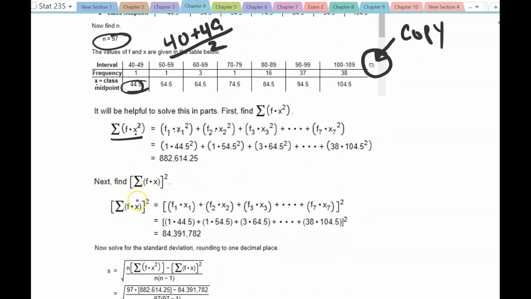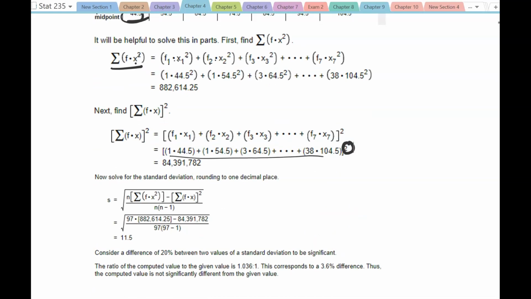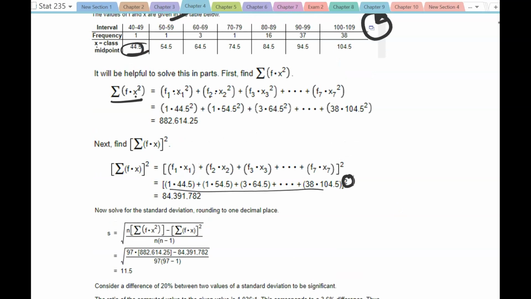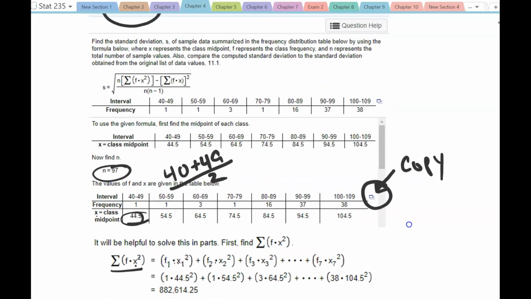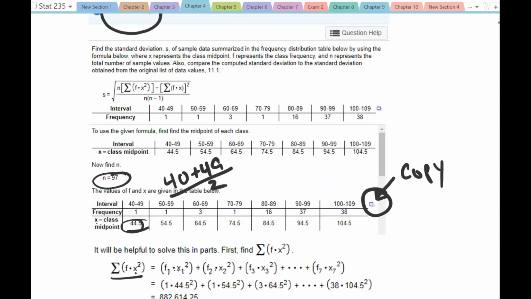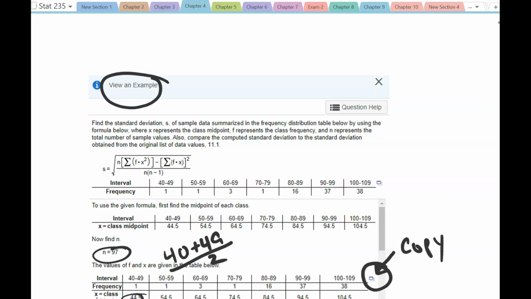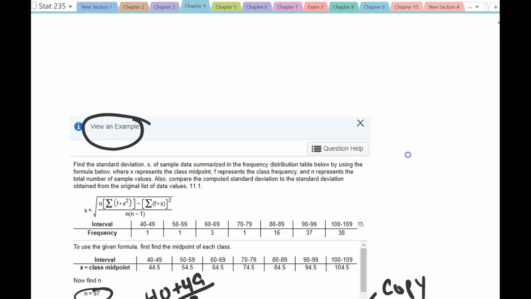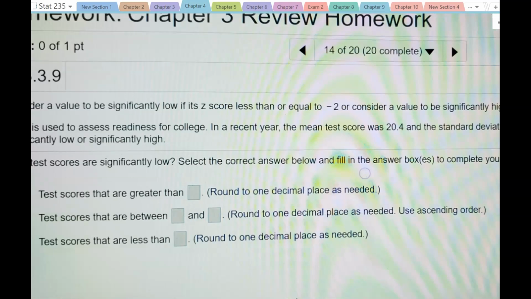So in this part of it, we're taking the frequency times X and then squaring it. So the frequency times X is given here, we're adding it all up, and then we're squaring it at the very end. If you're using your calculator, this is pretty tedious, and that's why it's beneficial to use an Excel file or StatCrunch, and it can do this relatively quickly. And a lot of them have built-in functions for examples like this.